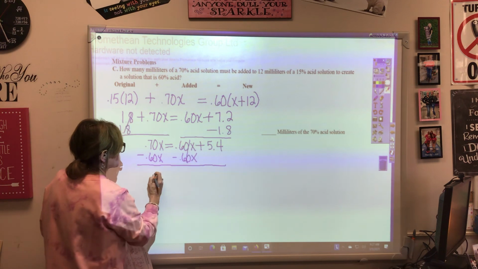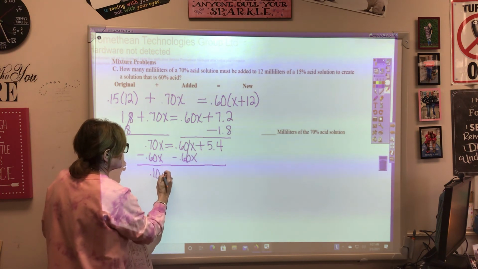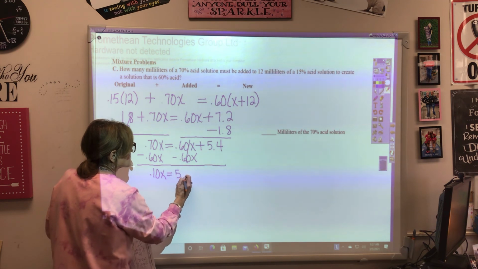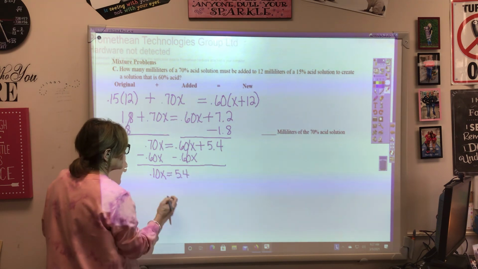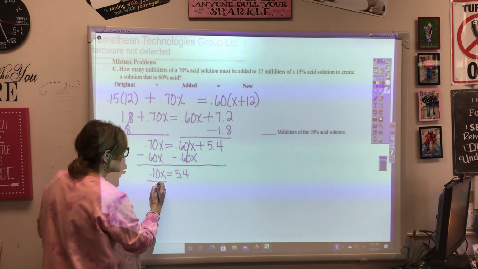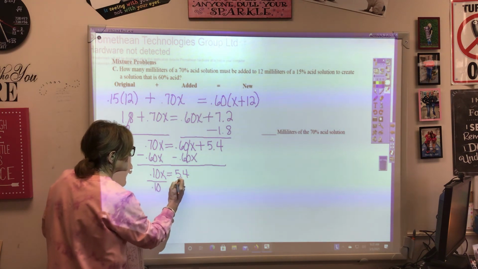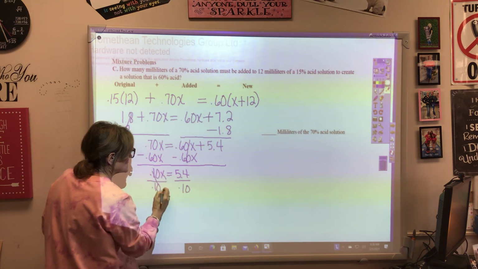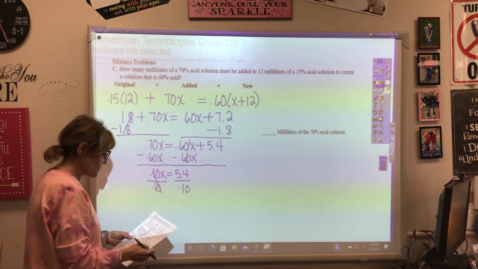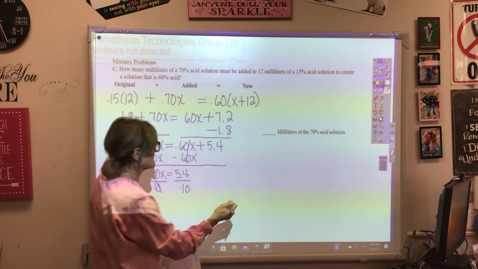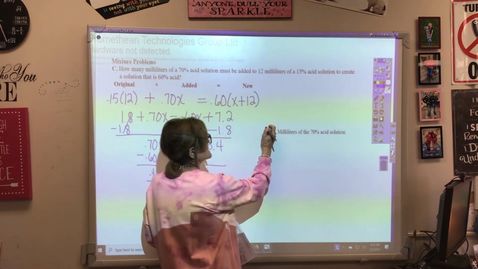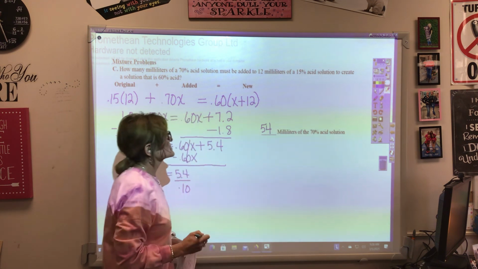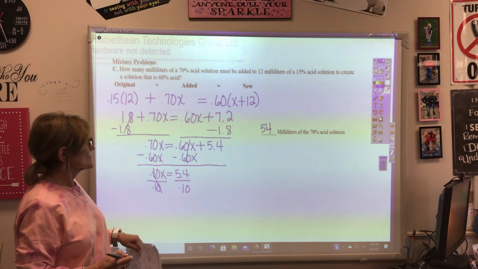And that's going to give us 0.10x equals 5.4. We're going to divide by 0.10. So when we divide 5.4 by 0.10, we will get that we need 54 milliliters of the 70% solution.